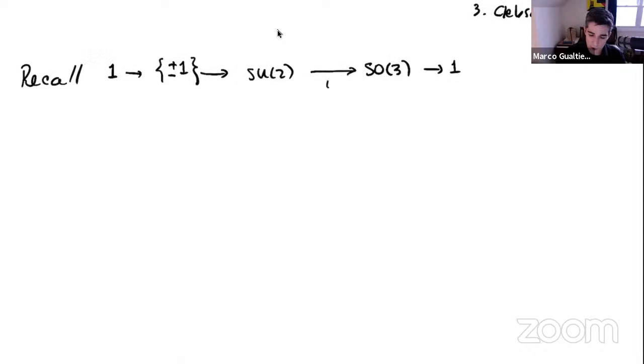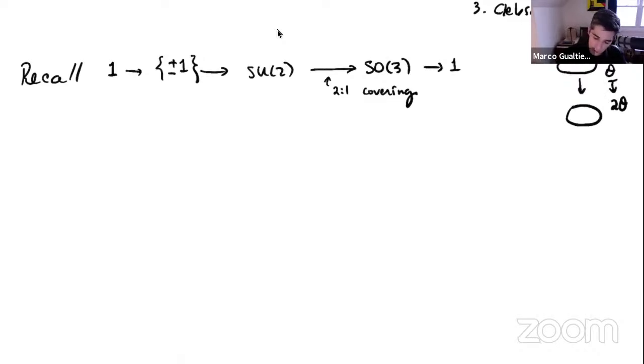So this is a 2-to-1 covering map, which is very much analogous to having a circle mapping to a circle by theta goes to 2 theta. It's very similar to that.